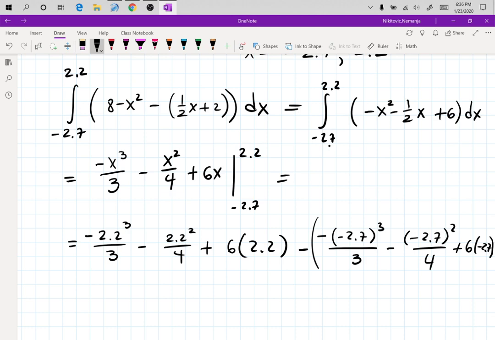I just regretted this. Equals a number. Is that good enough?